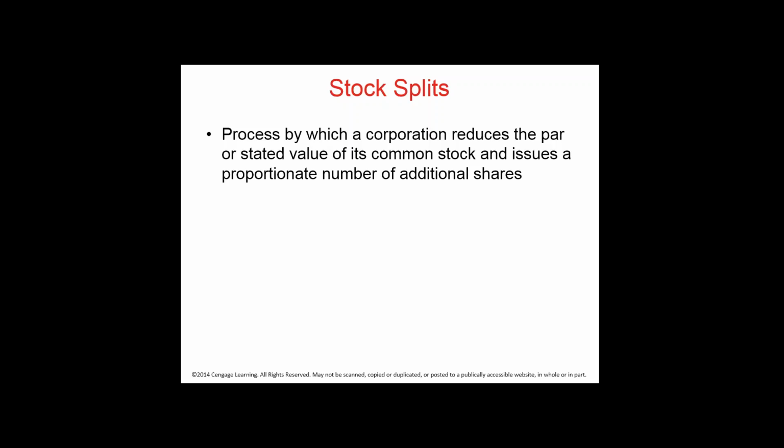Try to say that 3 times fast. So a corporation can split their stock, but the overall picture, the overall par value, does not change in total.